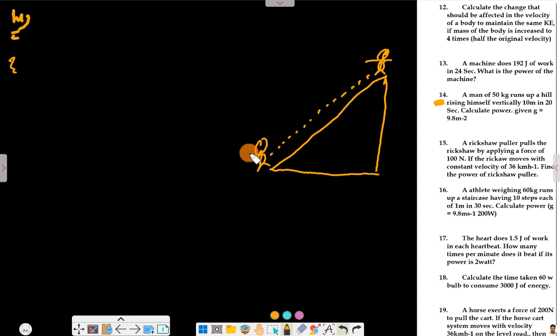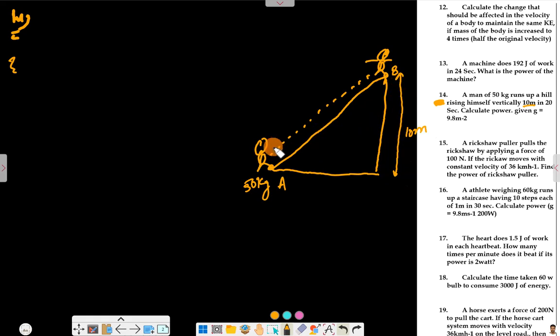His weight is 50 kg. When he goes from the ground, or you can say point A to point B, his height increases by 10 meter. So this increase in height is 10 meter.